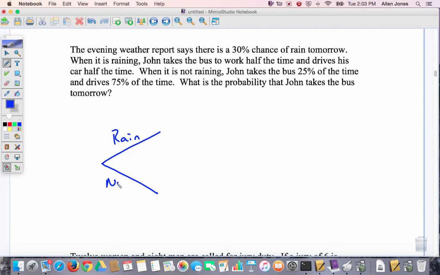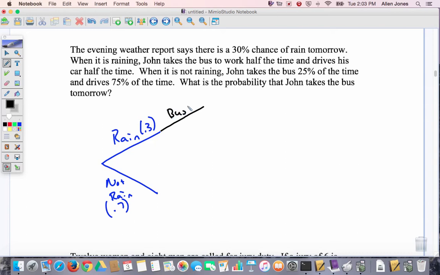To start out with, there are 2 things that can happen tomorrow. It can rain or it cannot rain. So we'll start those as our 2 branches. The chance of rain tomorrow is 30%. The chance of it not raining then is 70%.